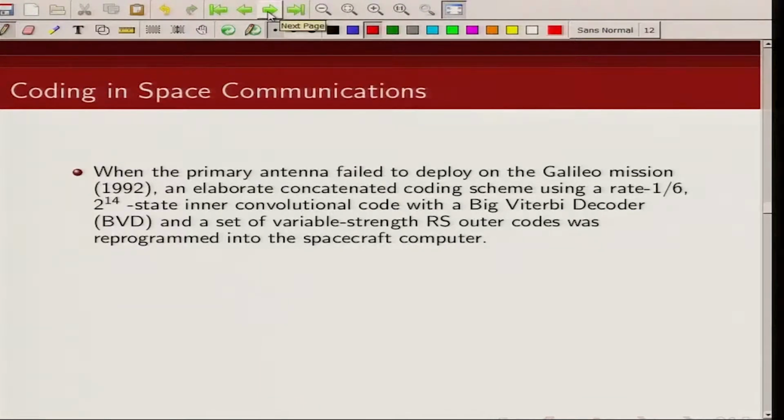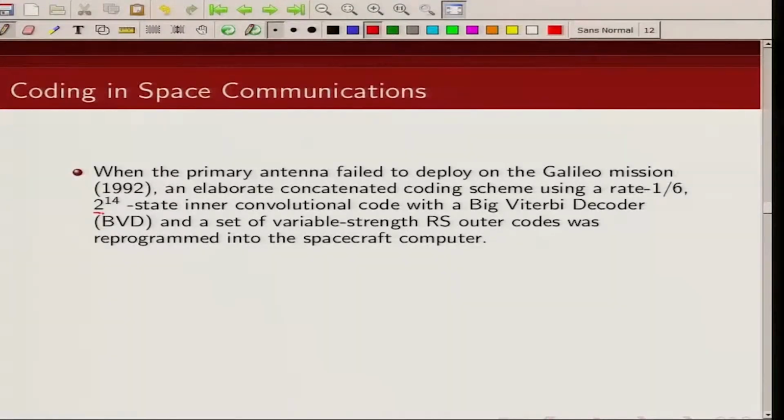Another big development was in the Galileo mission, when the primary antenna failed to deploy. So there was an elaborate concatenated coding scheme which used a 2^14 state convolutional code as the inner code and a Reed-Solomon code as the outer code, and a big Viterbi decoding algorithm was proposed which could work over such a large number of states.